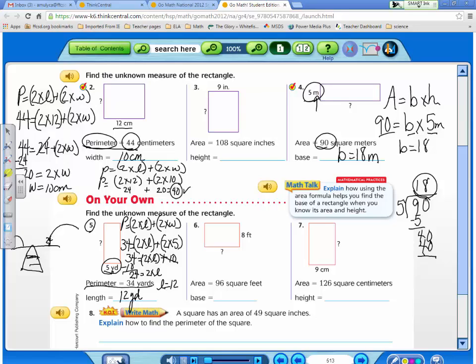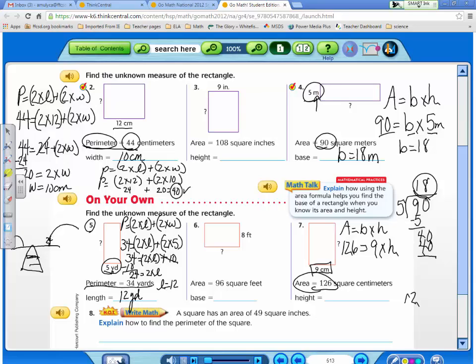So we'll do one more like that. We have area equals base times height. We know the area is 126, so instead of A, we'll write 126 equals. They say that the base is 9 times the height we don't know. And in order to solve this, we are doing division here because multiplication and division are inverse operations, so if I need to solve this, I can work backwards.